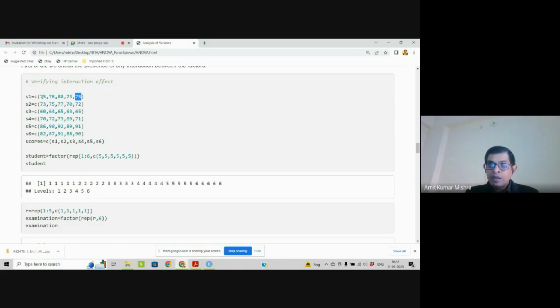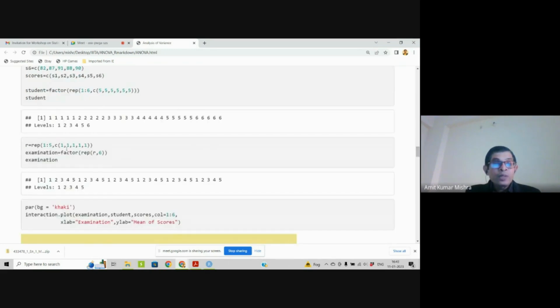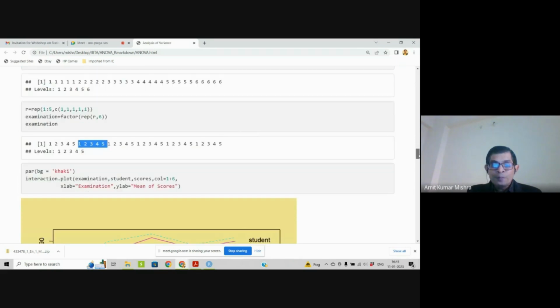So for that, I have defined replicate 1 to 5, 1 time, and then repeat it 6 times. That is the examination factor. So you can see 1, 2, 3, 4, 5, then 1, 2, 3, 4, 5. So actually you are attaching factors to your data.